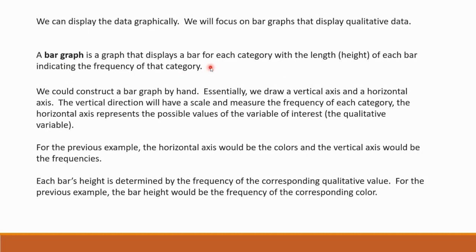The idea there is, as it says here, you have a vertical and a horizontal axis. Basically on the vertical axis, you have the frequencies. We'll see an example shortly. With the horizontal axis, though, you have the possible values of the qualitative variable.